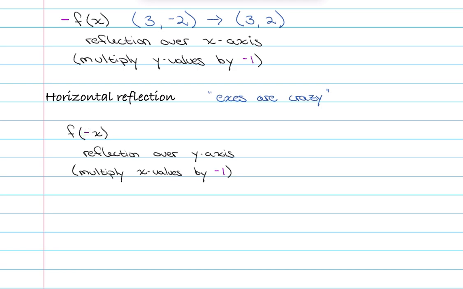So this will be a reflection over the y-axis. So instead of folding it over that x-axis like we did for vertical, we're going to fold it over the y-axis, and it changes all of those signs. So if I'm going to take the same point I did earlier, I have (3, -2). I'm going to multiply my x value by -1, and that point will become (-3, -2).